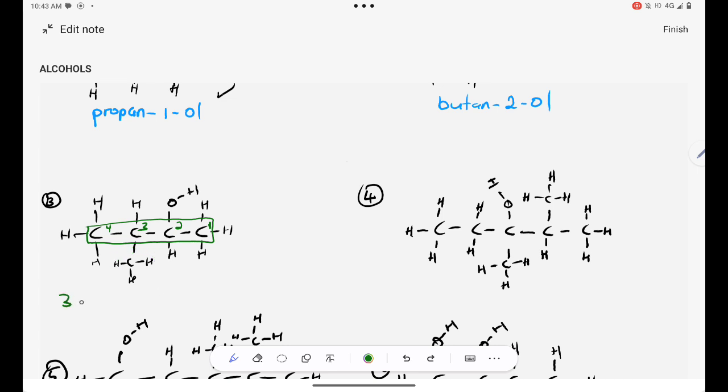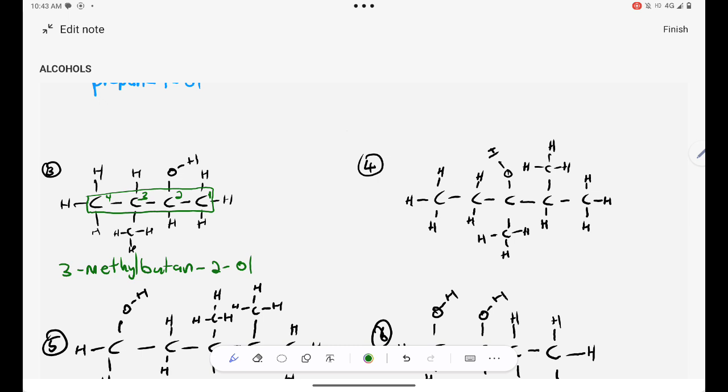At carbon number 3, I have a side chain which is called methyl, and since I have 4 carbons, the prefix from my alcohol will simply be butane, and the OH ion is at carbon number 2, so I simply have 3-methylbutan-2-ol. And this type of alcohol is a secondary alcohol. Are you together? Why? Because the carbon which is bonded to the OH ion is bonded to 2 other carbons.